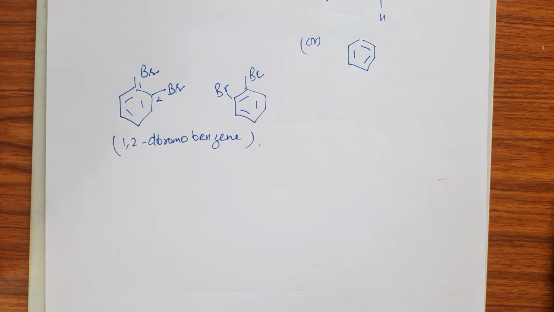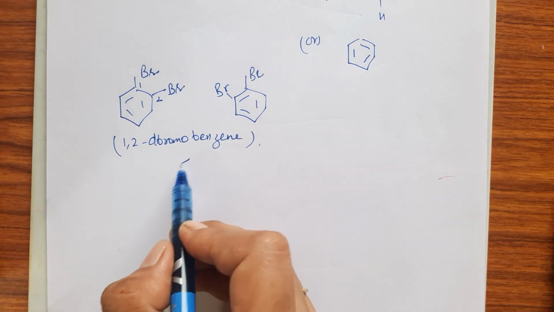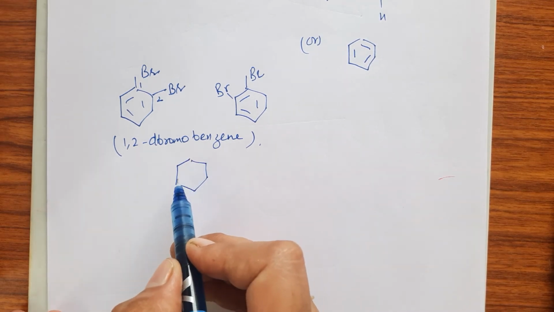But actually, in reality there is formation of only one ortho di-substituted product. So this problem was overcome by a suggestion of Kekulé, that there should be a concept of oscillating nature of the double bond in benzene. Oscillating nature means the double bond can oscillate from its own position. That means he suggests that this should be the structure.